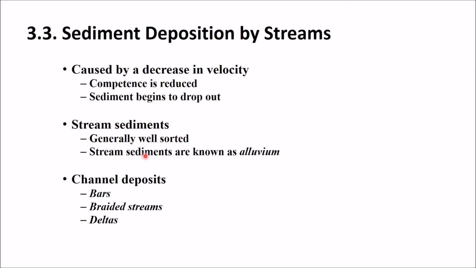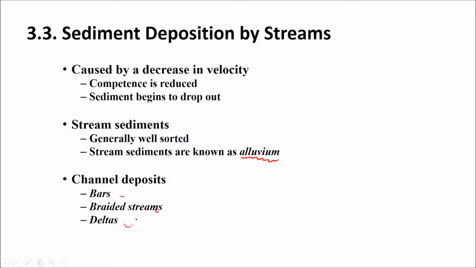And stream sediments are known as alluvium, one type of sediment. We have learned this in the lesson about weathering, soil, and rocks, types of soil. And the channel deposit can be bars, braided streams, or deltas.